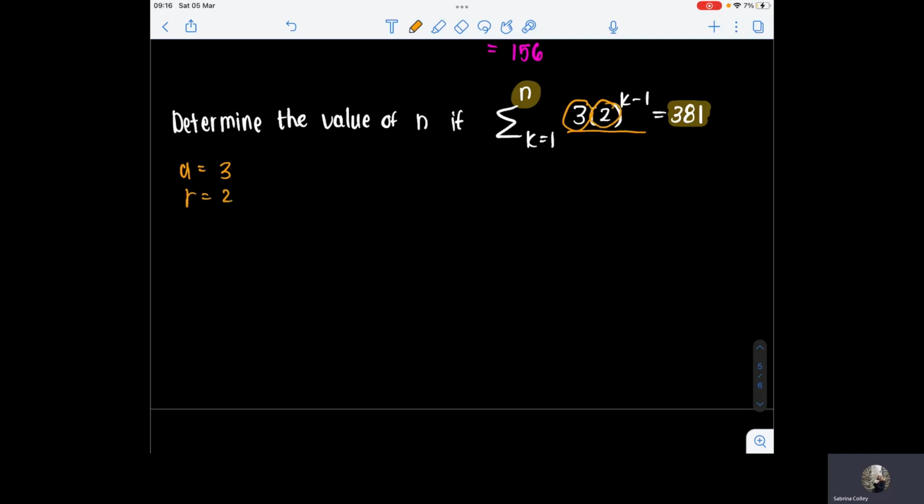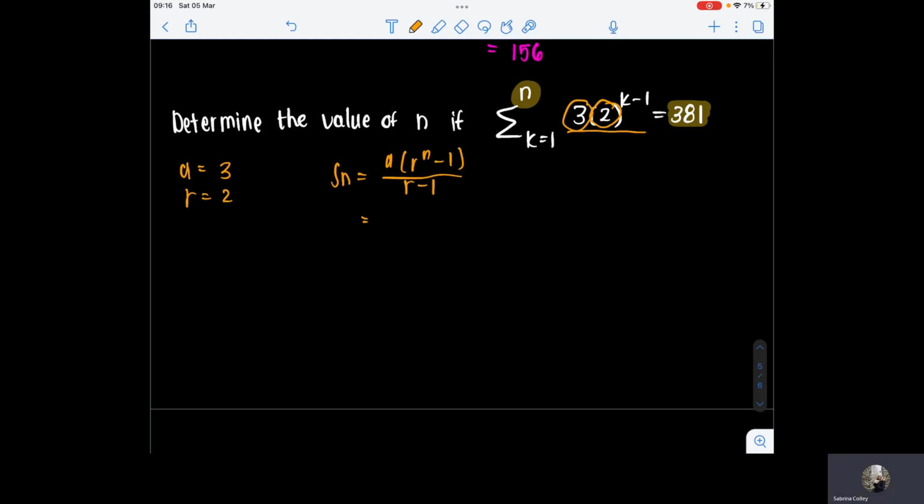Okay, so then let's use my formula. Sn is equal to, I established that my R is greater than 1, so I'm going to use the one where we've got A(R^n minus 1) over R minus 1.